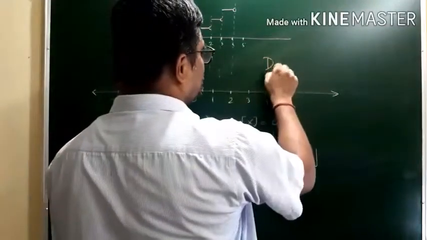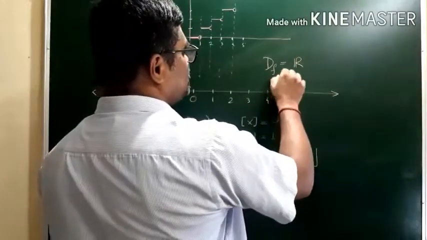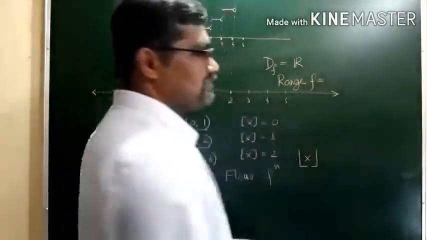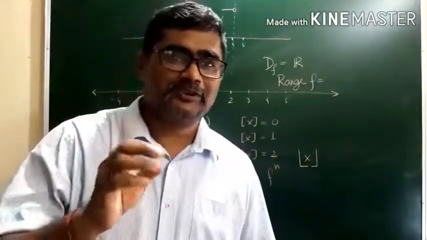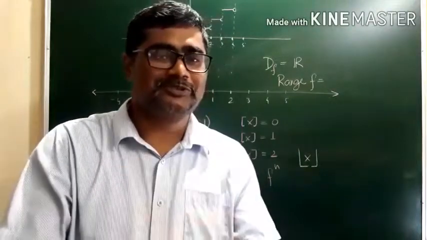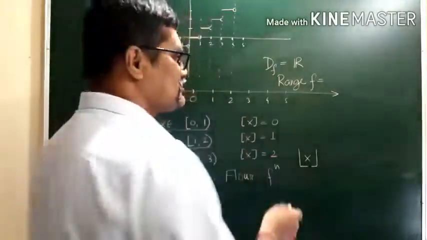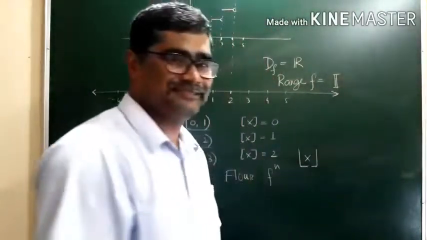The domain of this function is, as usual, the real numbers. And the range, if you observe carefully, what is the output nature? No matter whatever you give as input, your output is always integers. So the range is the set of integers.